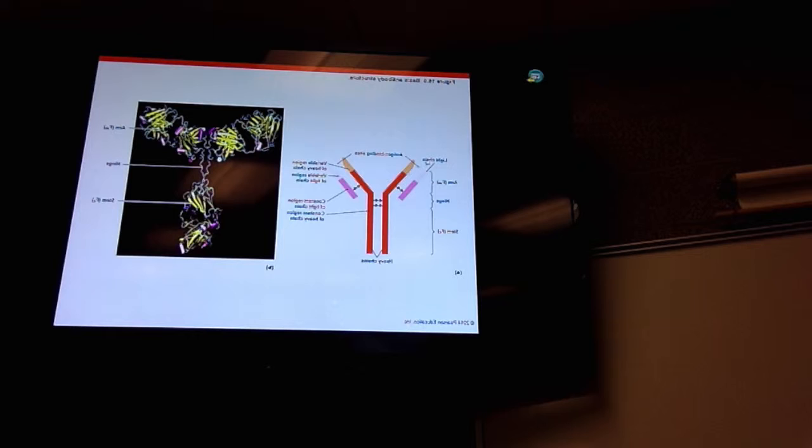That this small piece right here is a light chain, that this big piece right here is a heavy chain, that we have a hinge, and that we have a crystallizable fraction called the stem. Those are good parts to know about the antibody.